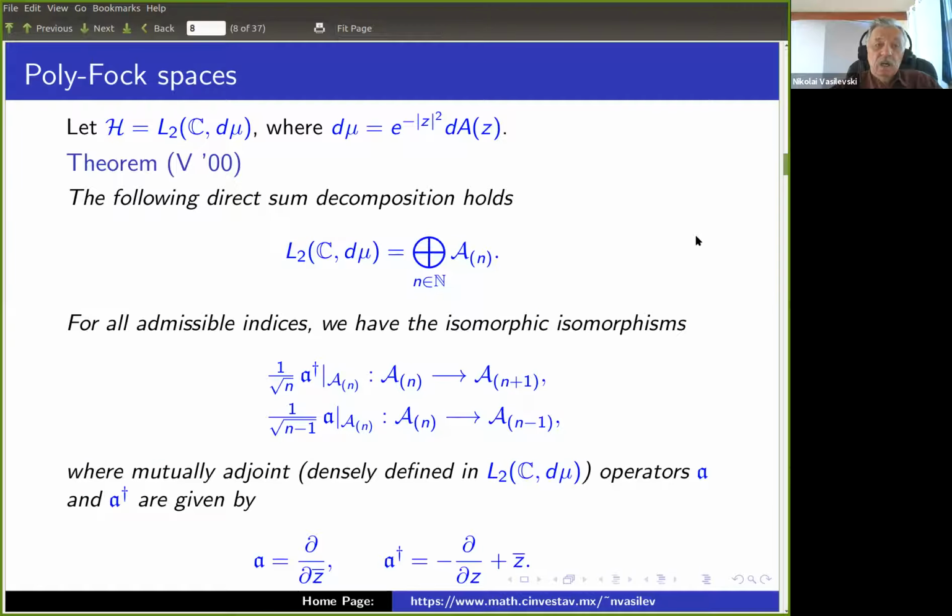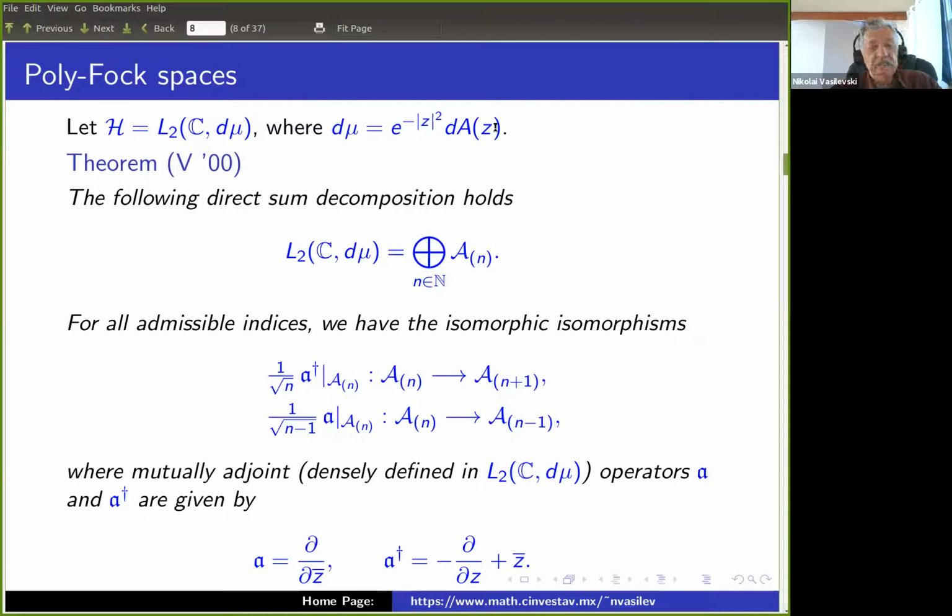Now, poly-Fock spaces. Let us consider the L2 space over the complex plane with a standard Gaussian measure. Then this L2 space can be decomposed as a direct sum of the true polyanalytic subspaces.